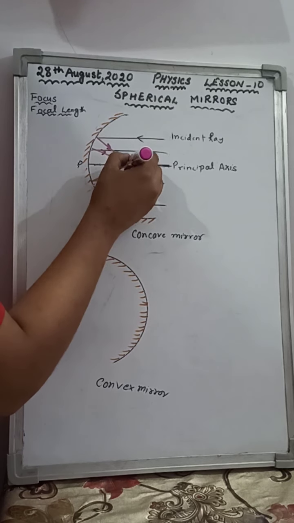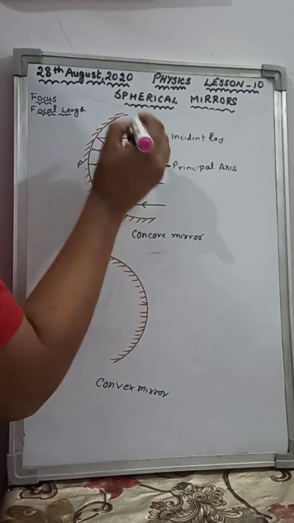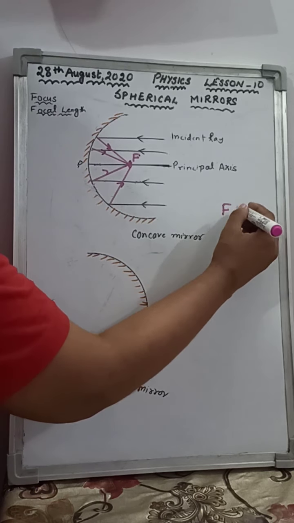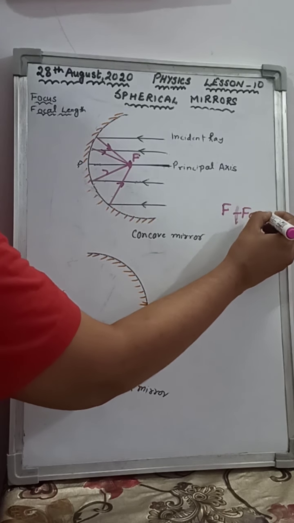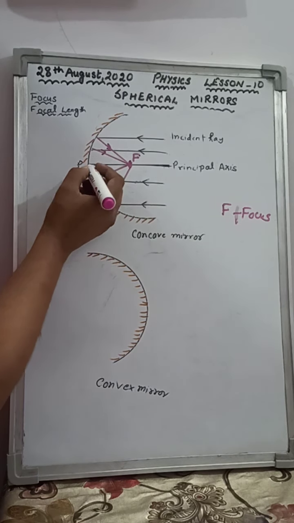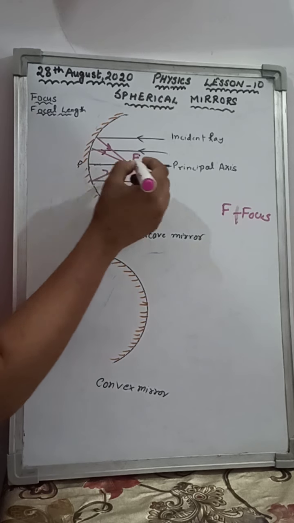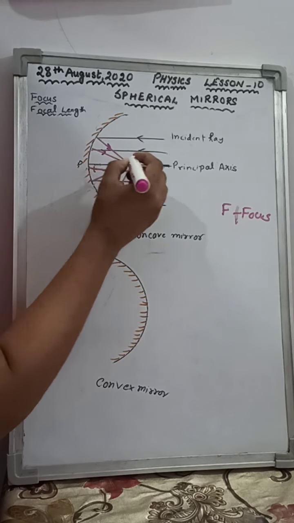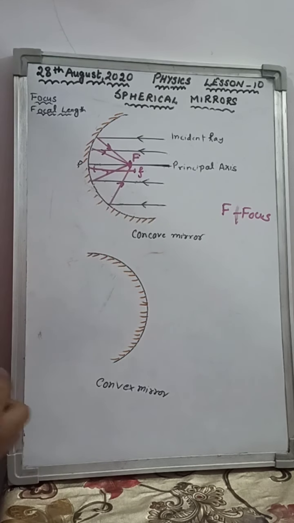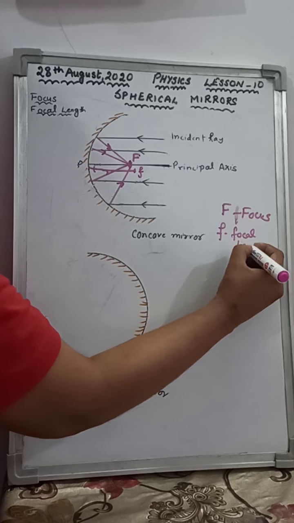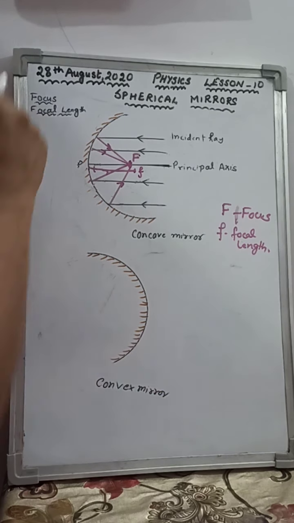So this point is capital F, and F means the focus. This is your pole and this is your focus. The distance between the pole and the focus is represented by small f. That is the focal length. Clear?